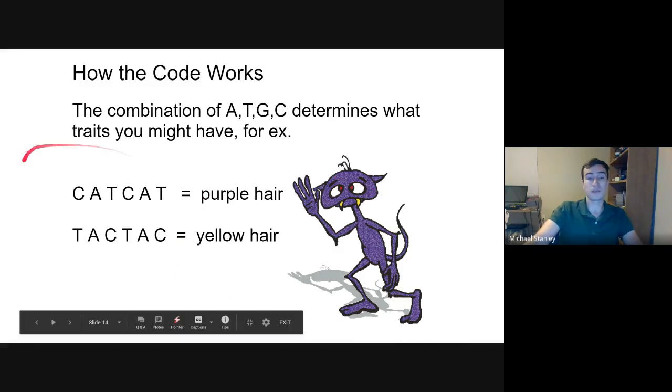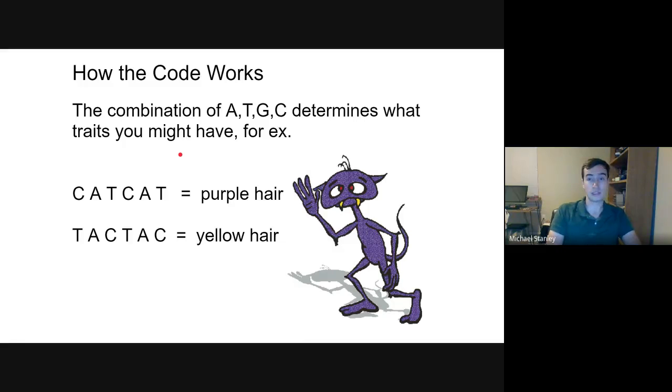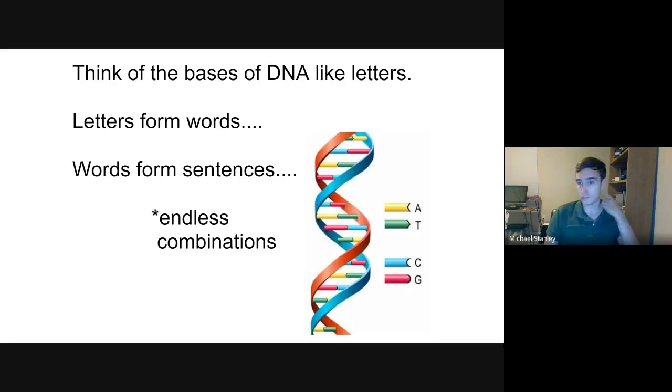So the differences in them come from the different ways that the DNA is arranged and read. So it might seem crazy that these 4 different bases, A, T, G, C, determine everything about how all organisms on Earth work, but I kind of like to think about it this way.